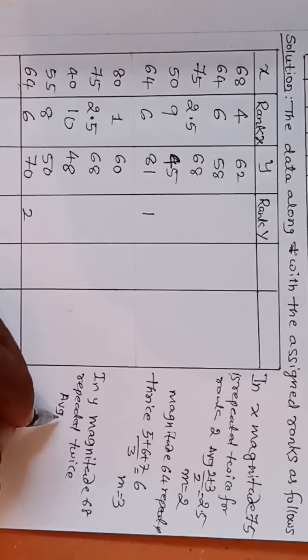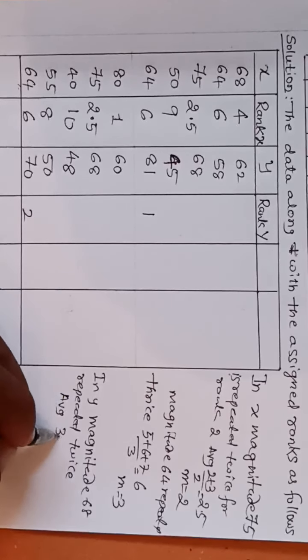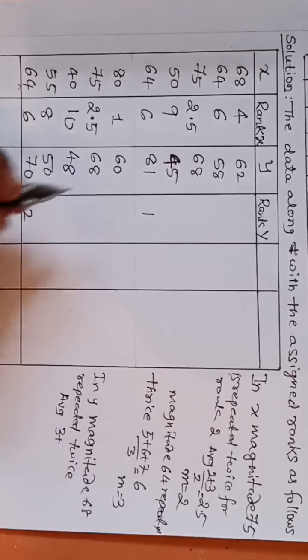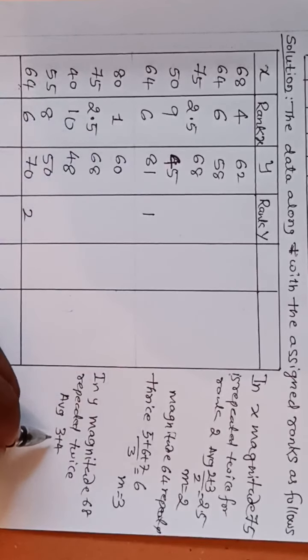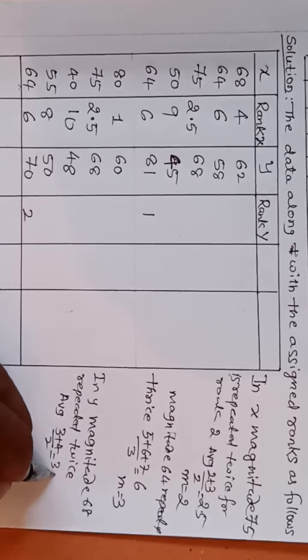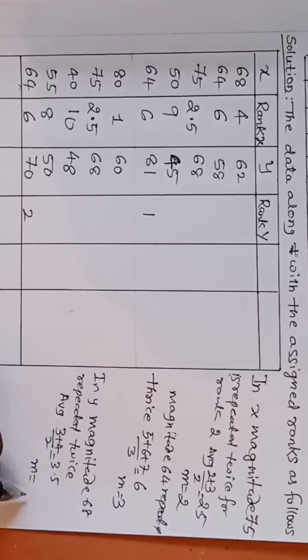The average for the third and fourth is 3 plus 4 divided by 2, which is 3.5. And here we mention m equals 2. So the 4th is also 68.